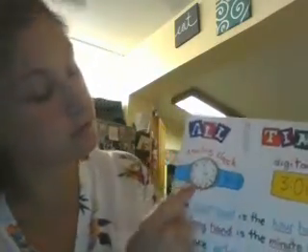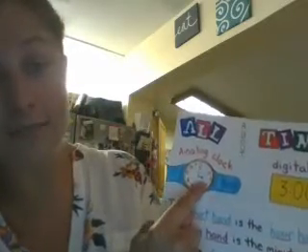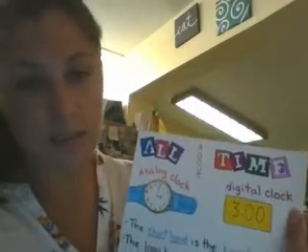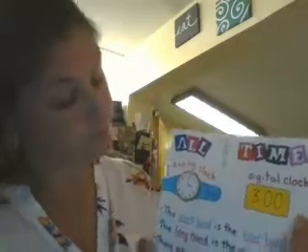Okay. So I created this, and it says all about time. We have a picture of an analog clock here, and it's kind of like a wristwatch. And that's actually 3 o'clock. And we have a digital clock that also states that it's 3 o'clock as well.